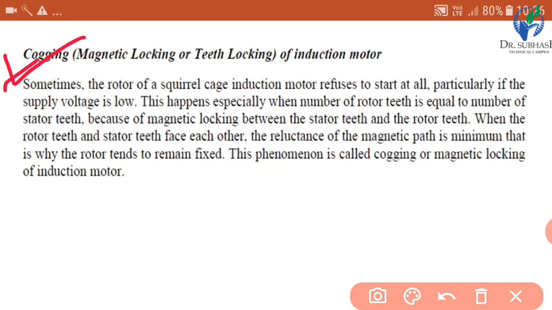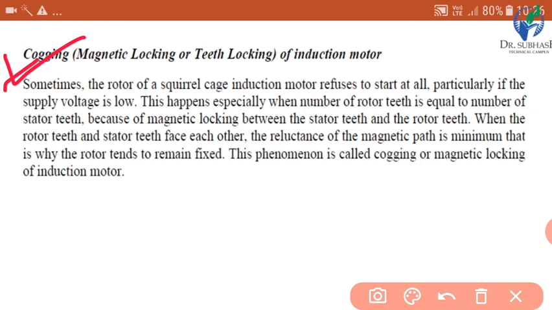It means sometimes the induction motor will not be able to start, particularly when a reduced supply voltage is there. So what is the reason for this, and how is it possible?